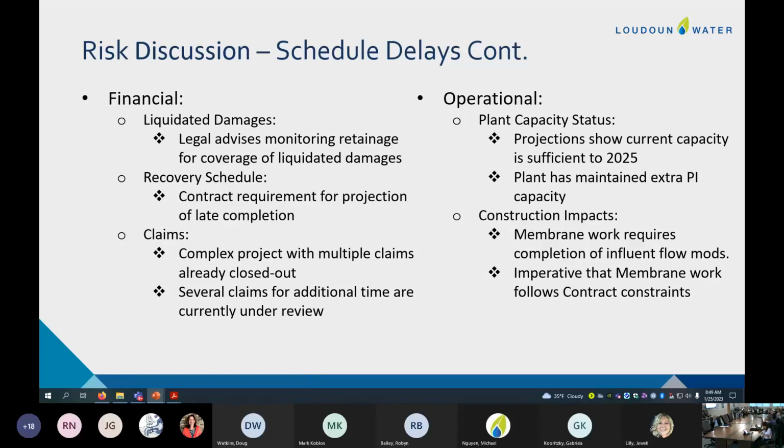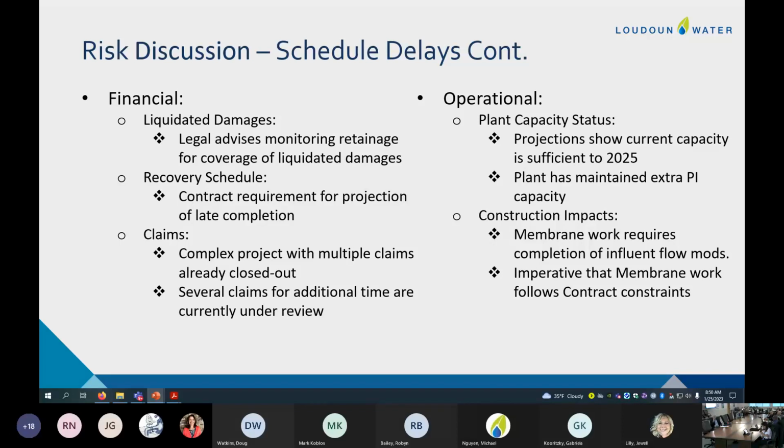And so in the project, we had an early delivery milestone to have the contractor provide some flow storage and flow pumping facilities that we wanted to have done ahead of the membrane work. And so we're enforcing that, that the contractor does need to provide those flow flexibility facilities before we do the membrane work. So we can't really budge on that.